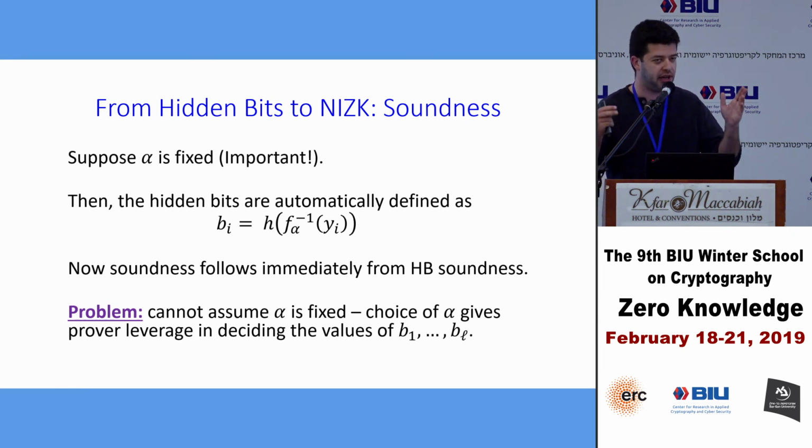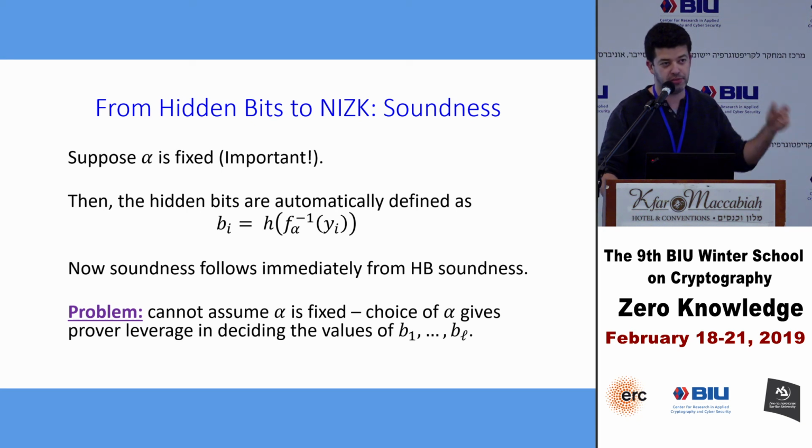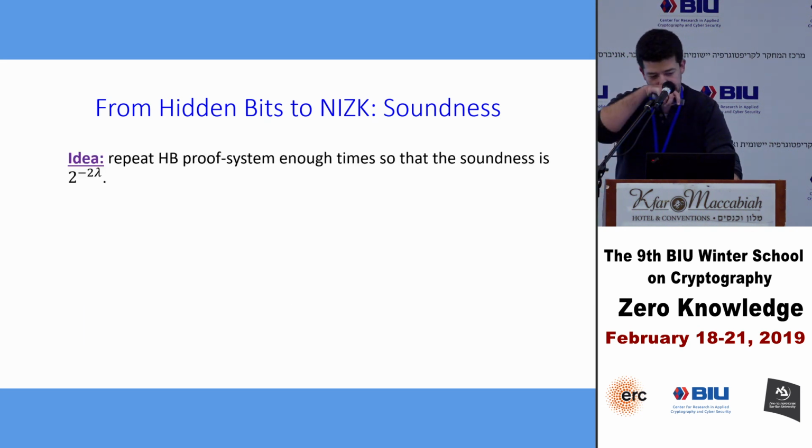So instead of having one sequence of hidden bits, it has 2 to the lambda different options for a string of hidden bits, each corresponding to a different choice of alpha, which seems like a problem. But thankfully, there's a simple way to resolve this.